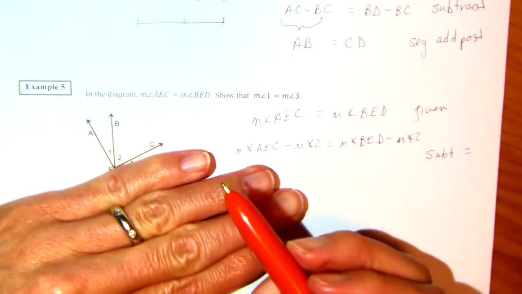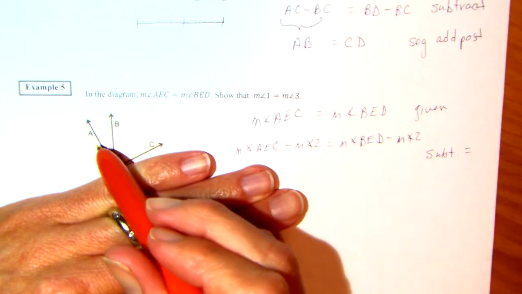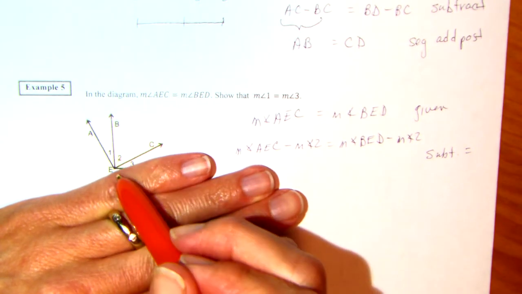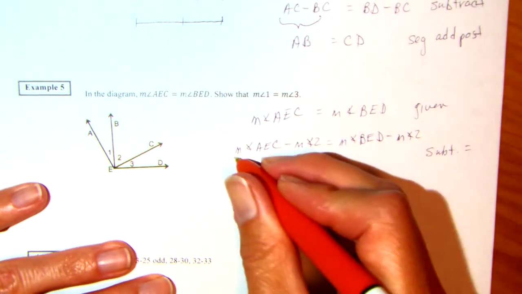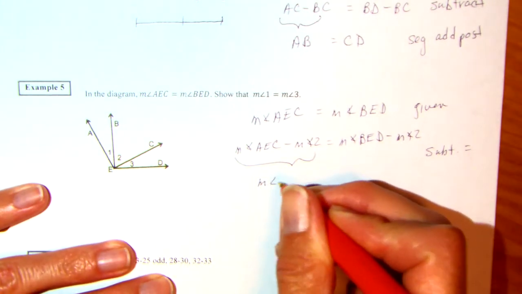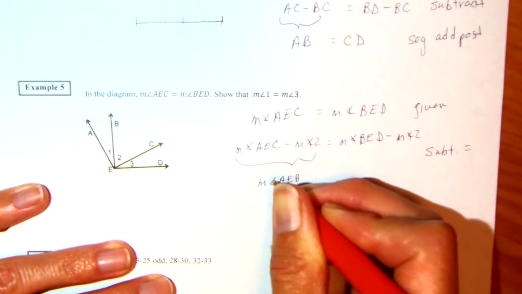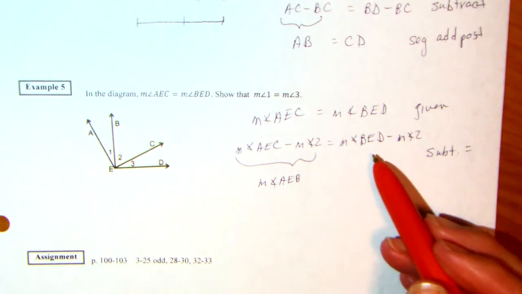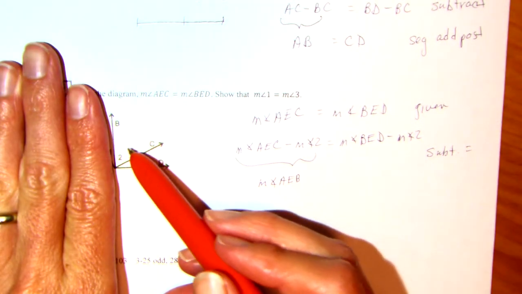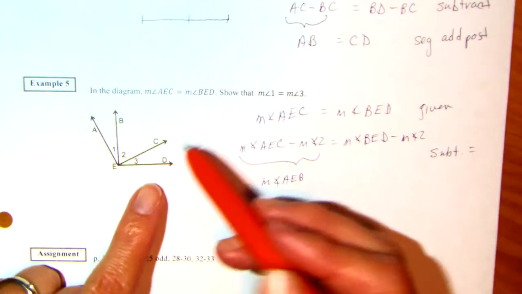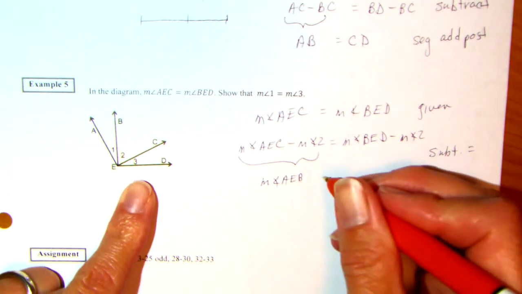So I have this one. I took away angle 2. What do I have left? Measure of angle 1, which is AEB. And when you have measure of BED, that's the bottom 2, and I took away angle 2, you have that bottom angle left, which is CED.